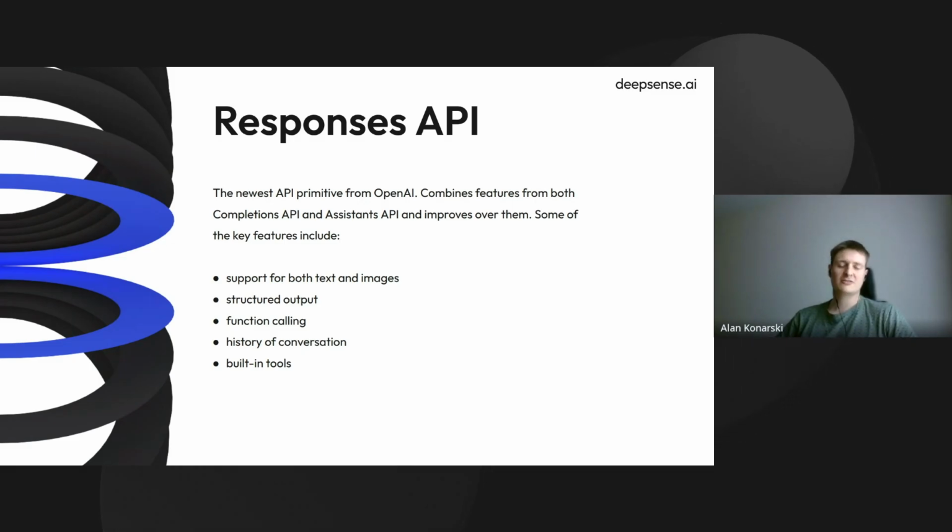These features we already had in the previous APIs, but this responses API comes with better conversation history management, which we will explore in a moment. And I think a big feature is the new built-in tools that we will also discuss in a bit.